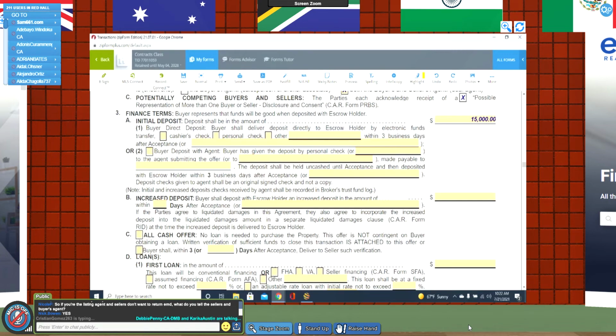Well, I hate dual agency. So you would come to me and say, you forgot the RID. The RID has nothing to do with going over 3%. That's to do with an initial and a secondary and increased deposit.